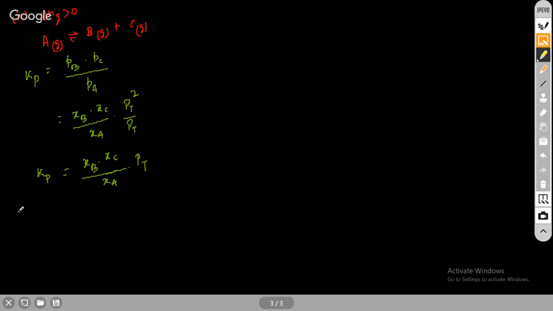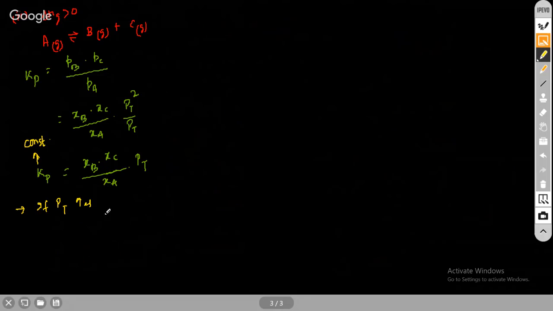Now suppose Pt increases, then what happens, that we have to understand. Here if Pt increases, Kp has to be constant, because the equilibrium constant depends only on temperature. So if this value is increasing, to make this ratio constant, Xa should also increase.